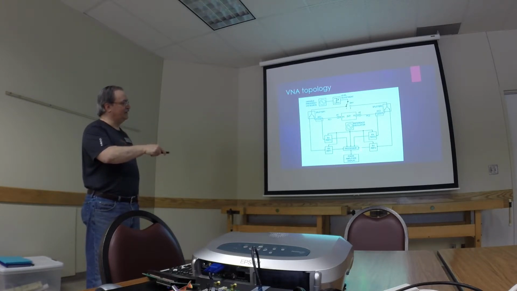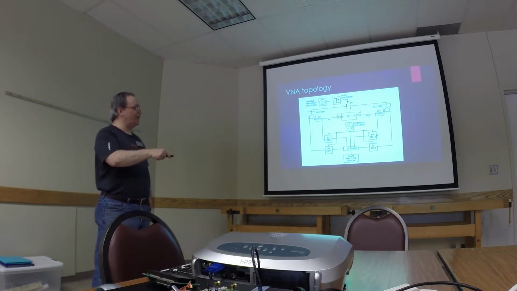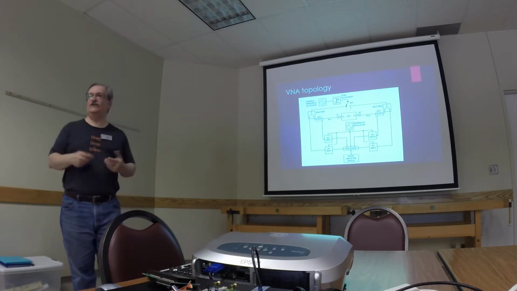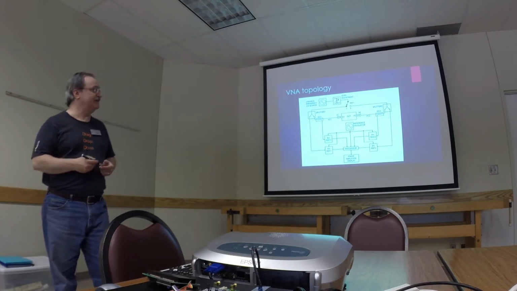And then of course this just simply means you've got a processor, in this case an Arduino, that's crunching some numbers based on some voltage information that's coming back in and being digitized.